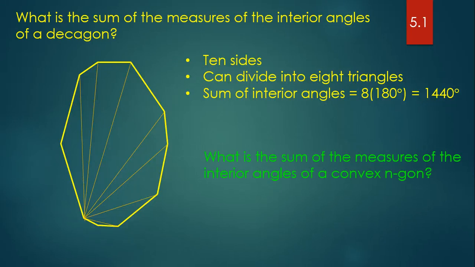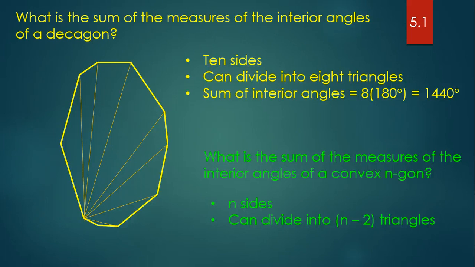So let's generalize this. What is the sum of the measures of the interior angles of a convex n-gon, where n could be any number of sides? Well, we know that if we have n sides, we can draw diagonals from a vertex, and we will be able to create n minus 2 triangles.